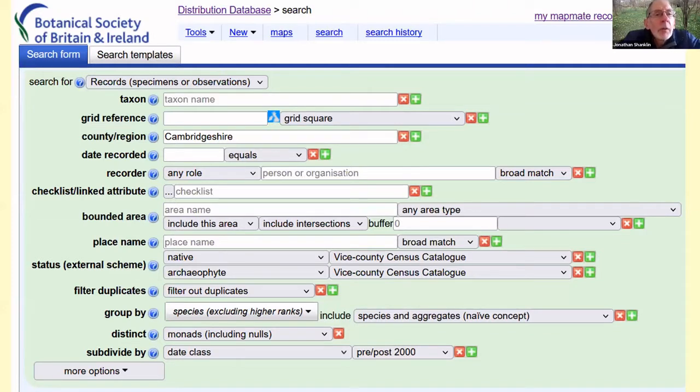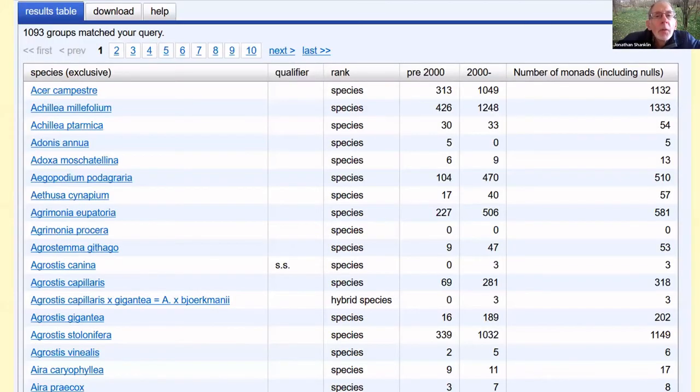So in order to make a provisional scan through, it's fairly simple to put in a query to the database, and that will give you an overall list of your native and archaeophyte species and the number of monads in which they occur.